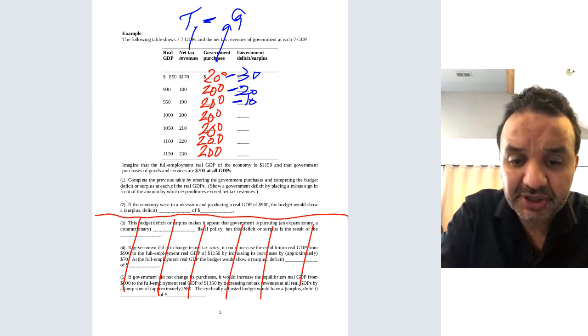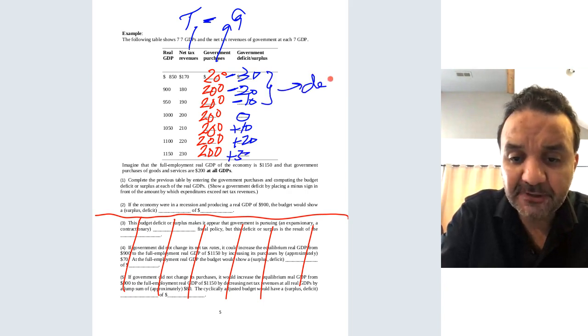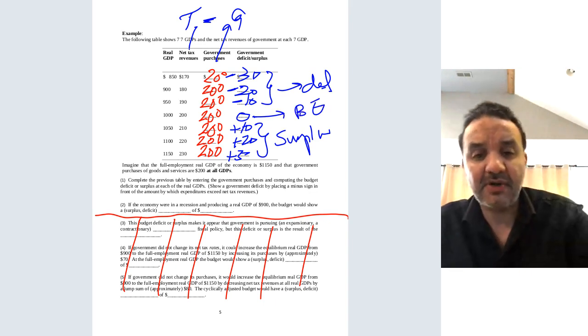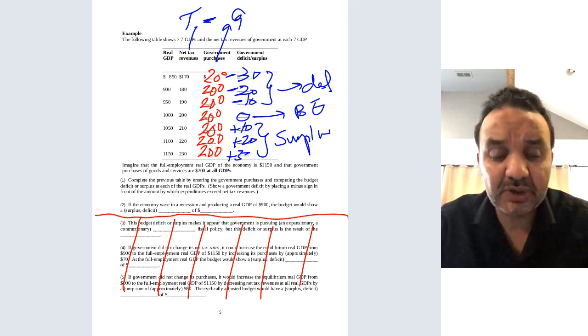This is minus 10. This is 0. This is positive 10. This is positive 20. This is positive 30. So here we have a deficit, and here we have a budget surplus. And here it's break even, which means the amount of tax collected is exactly equal to the government spending.